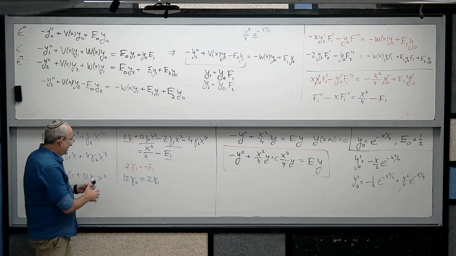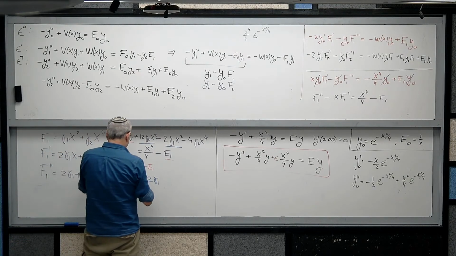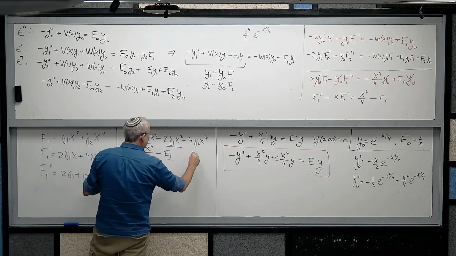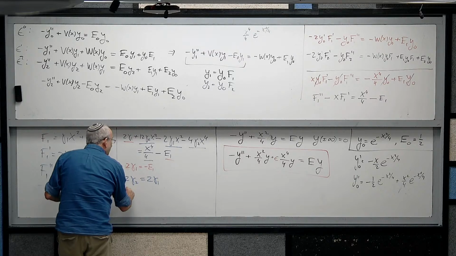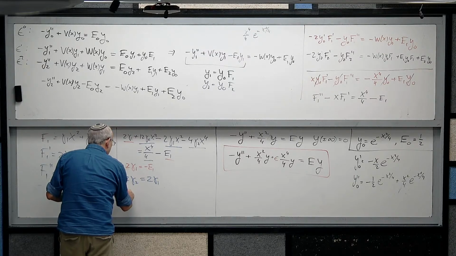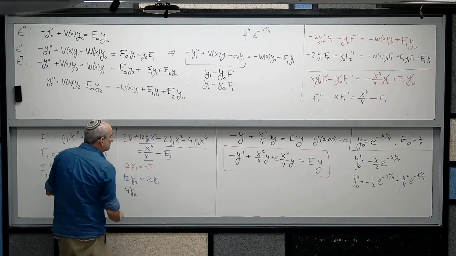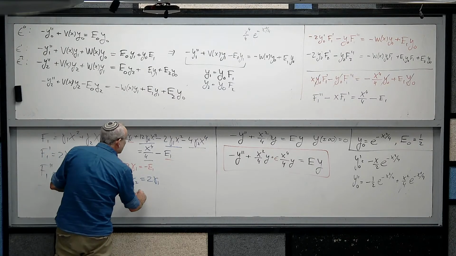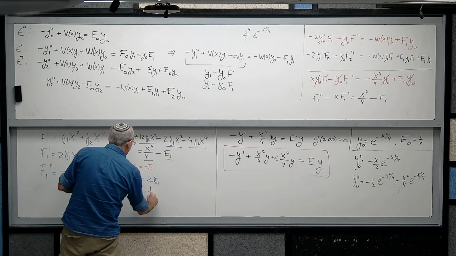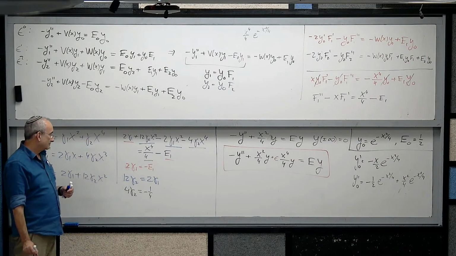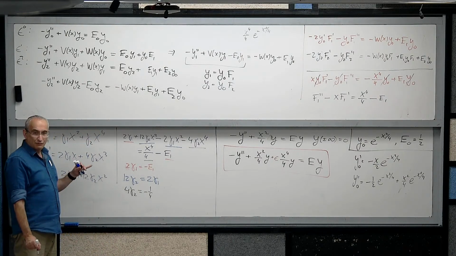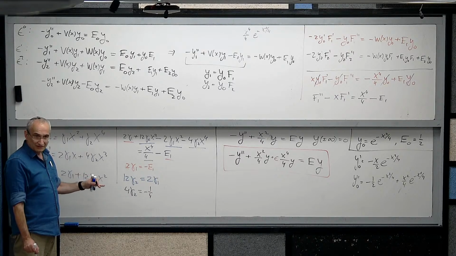Okay? And I will find that 4 gamma 2 is equal to minus 1/4. 3 equations, 3 unknowns: gamma 1, gamma 2, and E1.